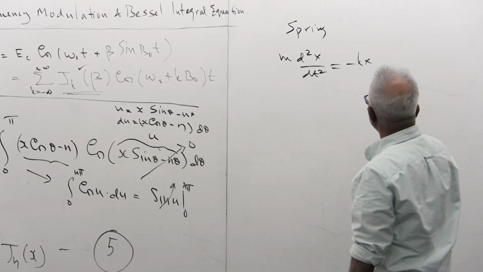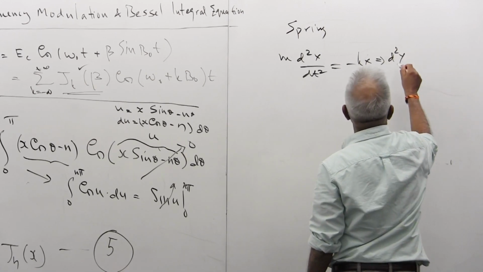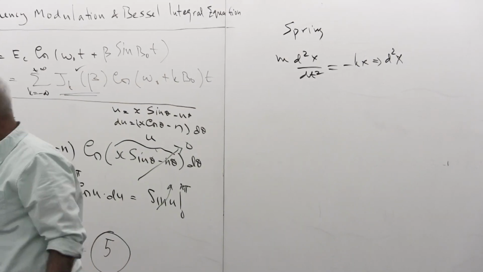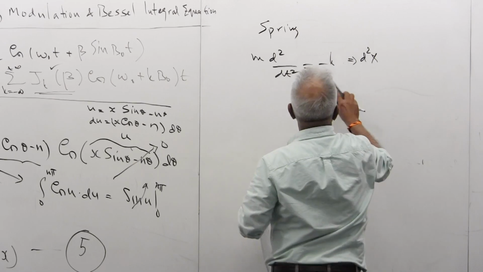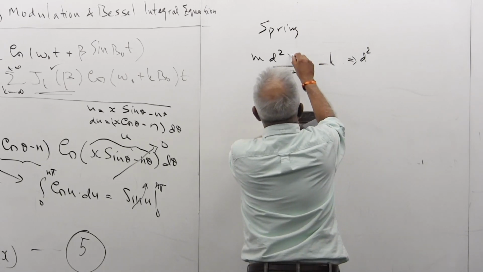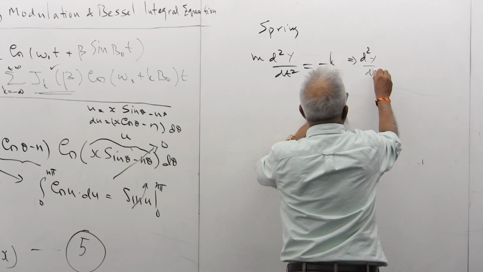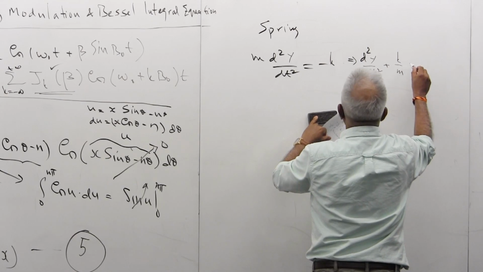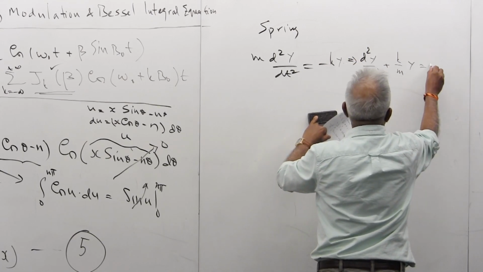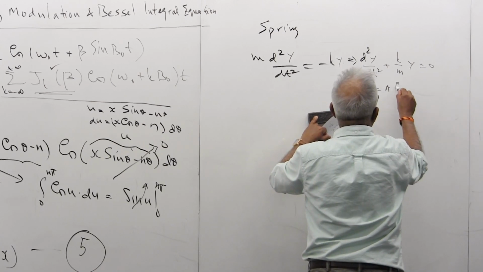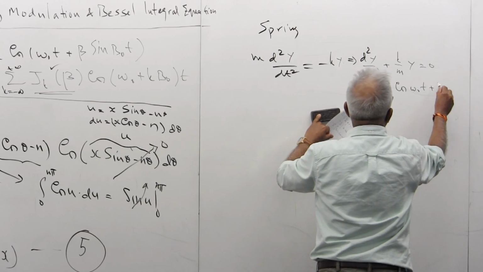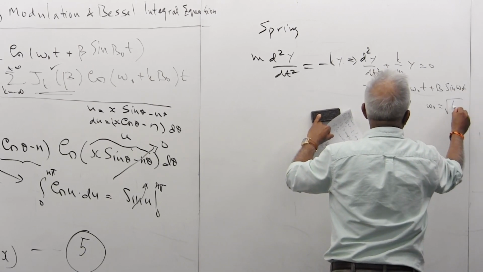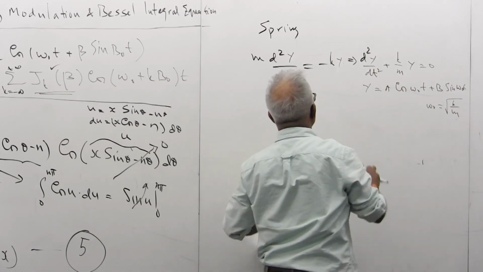So this leads to a simple second order differential equation, d squared y by dt squared plus k over m y equal to 0. So y is some constant a cos omega naught t plus b sin omega naught t, where omega naught is the square root of k over m. So this is the standard equation.